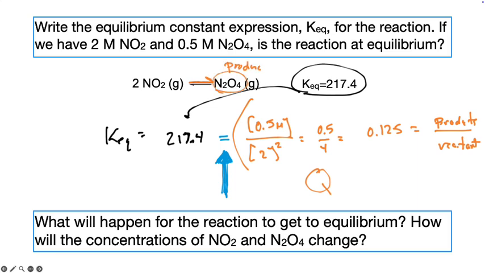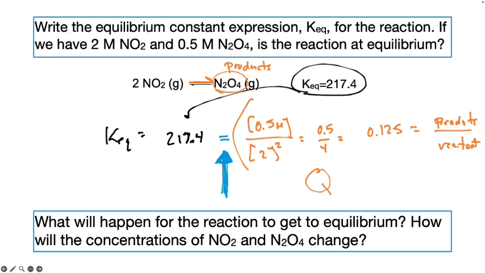Where do I get products from in a chemical reaction? From the reactants. So by solving out this Q, I know what needs to happen. The product concentration goes up. I can't throw more products in there, but the reaction itself is going to change the balance of products and reactants so that it achieves the equilibrium.